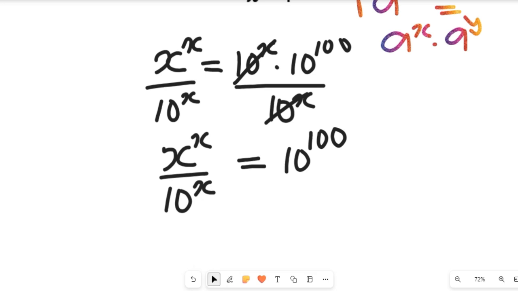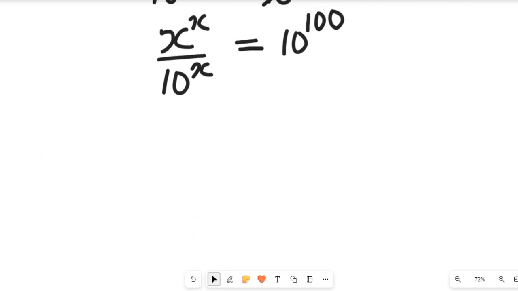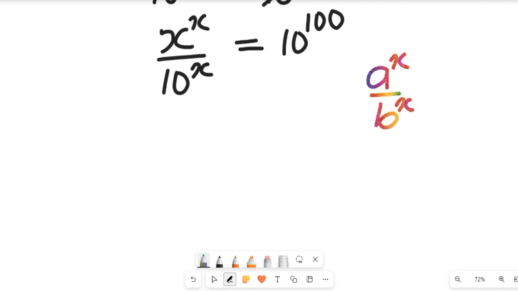Now you notice one thing, that we have the same power in this part. So since we have the same power, I'll also draw your mind back to another law of indices. We'll have a to the power of x divided by b to the power of x. This can be equal to a divided by b all to the power of x, because they have the same power.